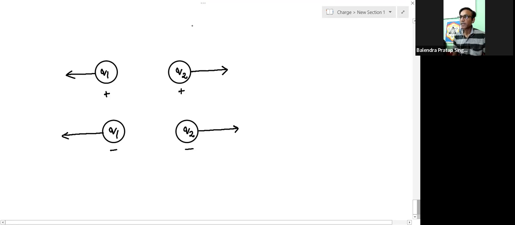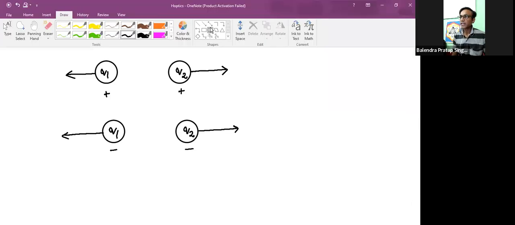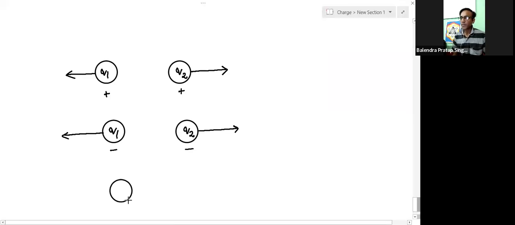In the third example, if I take two dissimilar charges, q1 positive and q2 negative, this time they will apply a force to attract each other.